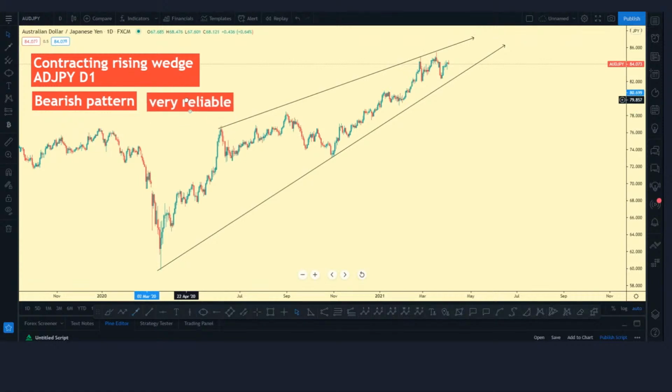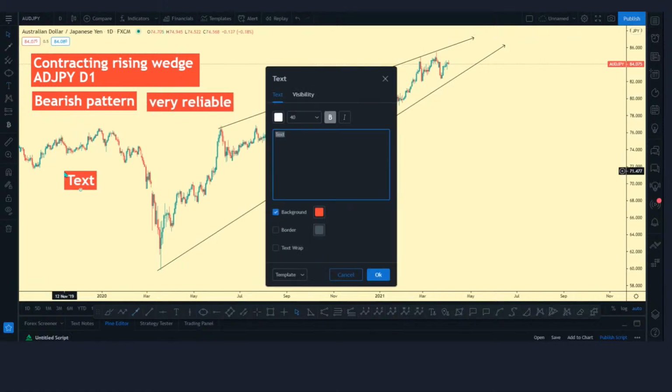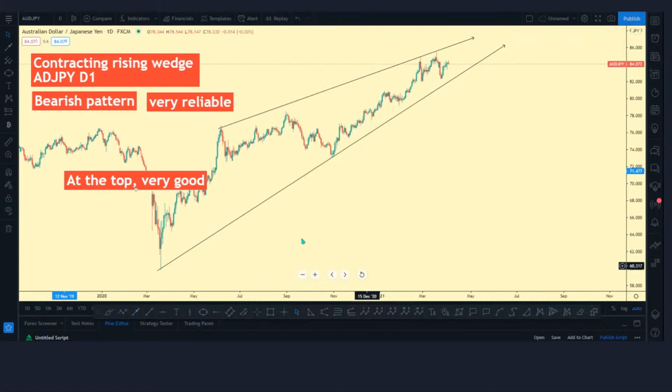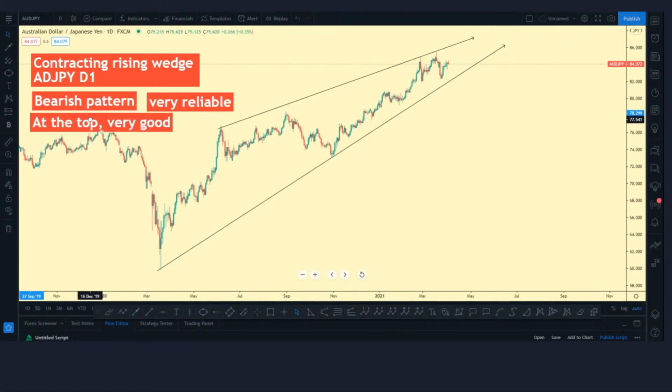Also, if you trade this basically at the top, it's very good. You get a really nice reversal pattern. So basically, this is a reversal. Once you get this right here, bang, bang, bang, unless you expect a correction and that would be continuational.